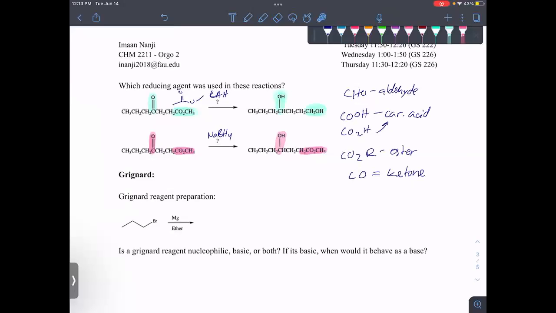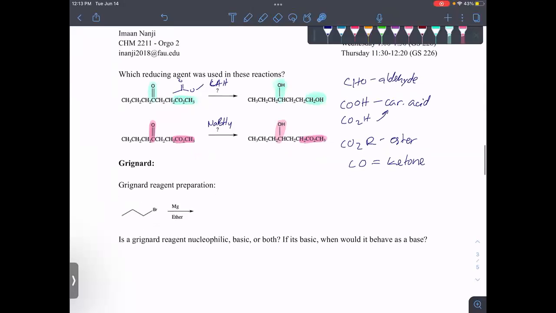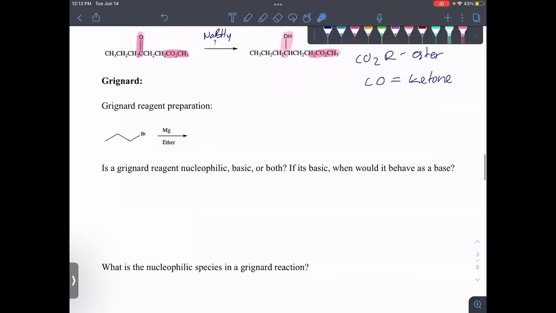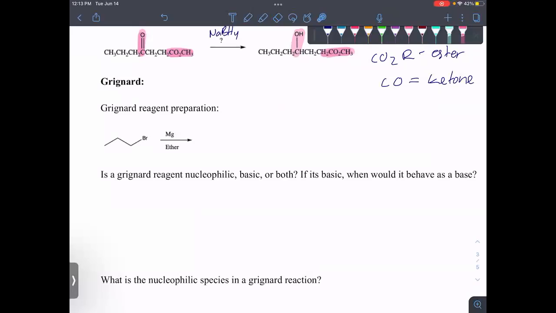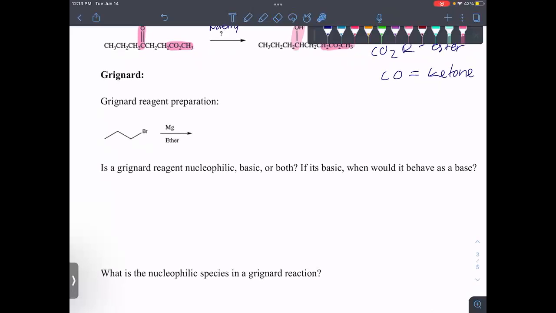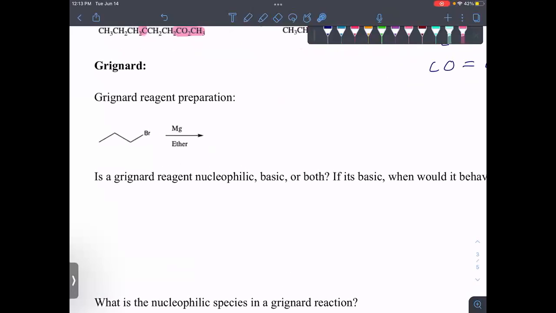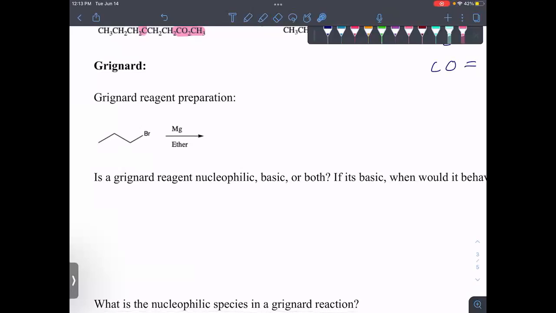Grignards are a type of reduction, but instead of a hydrogen, you're adding a hydrocarbon group. That's all the Grignard reaction is. So instead of an H minus, like a LiAlH4 or NaBH4 reagent, we have to use a separate Grignard reagent. So this is how you make those.